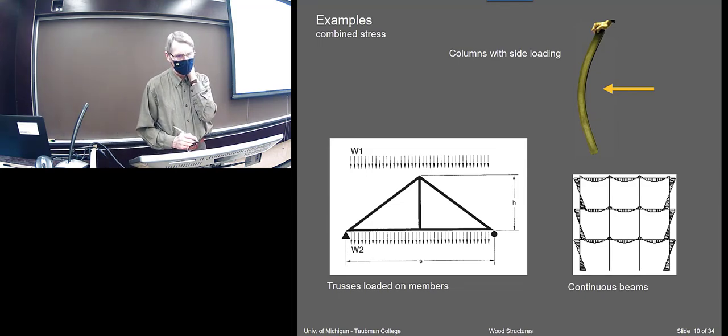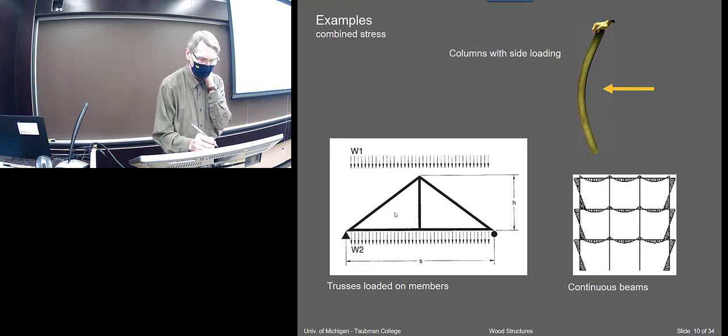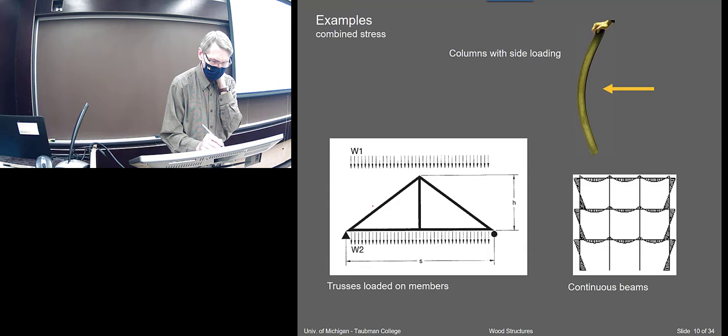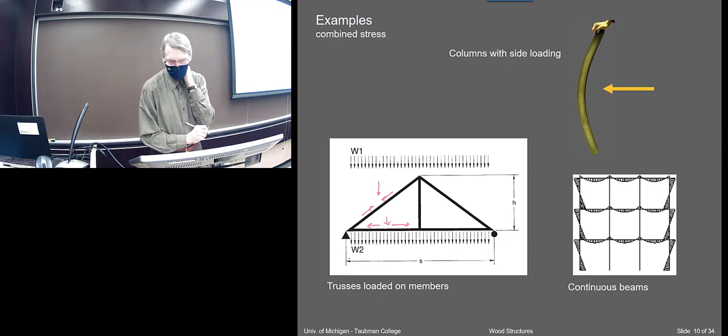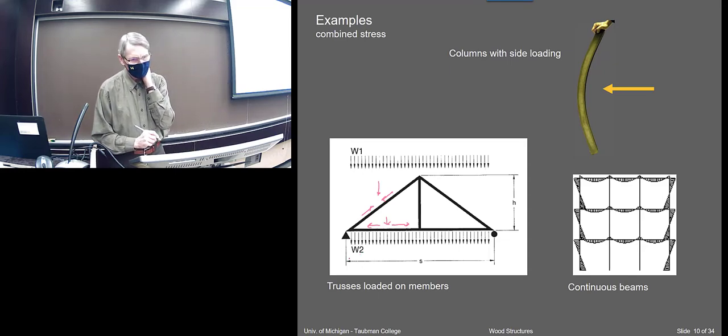Examples where these occur. Trusses are a good example because here we'd have axial compression plus the bending. Here you've got axial tension in the bottom chord plus, however many engine blocks you've got up in your attic, flexure.